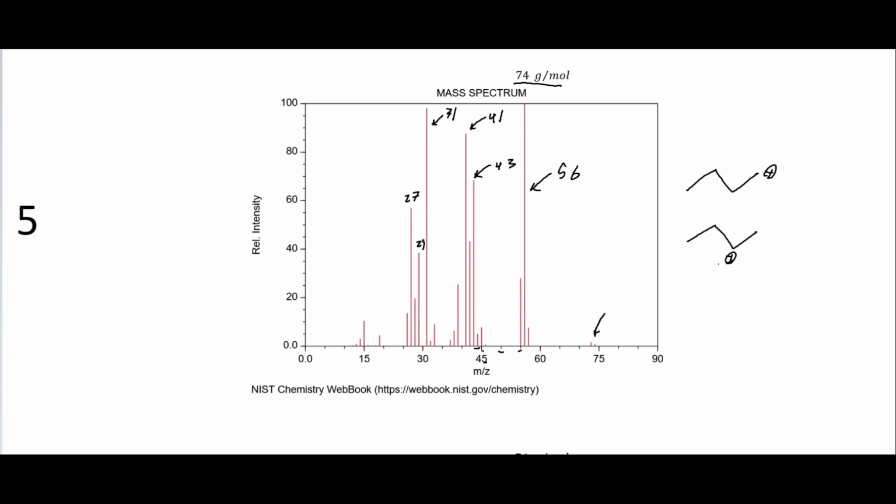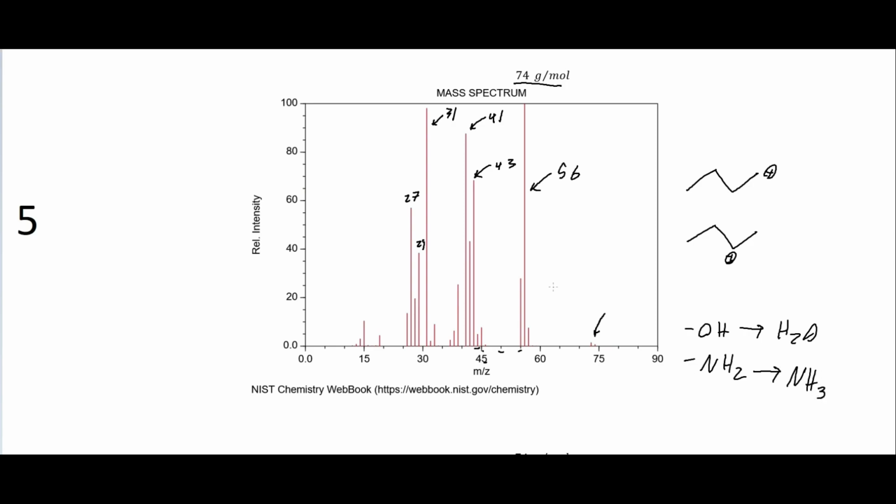And so just as a rule of thumb, things that often take an extra hydrogen away are OH groups and NH2 groups. So these can often leave as water, and these can often leave as ammonia.